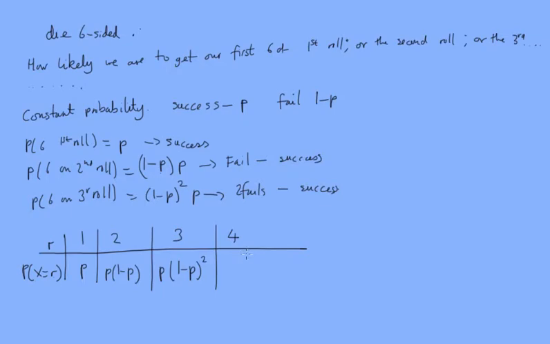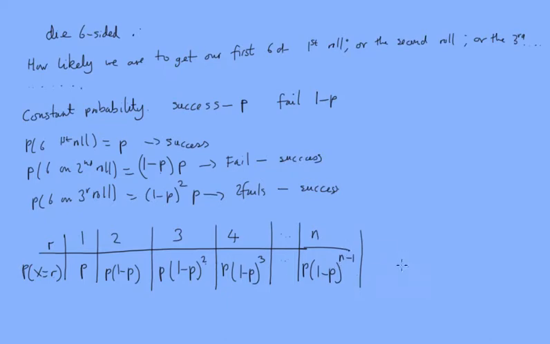If we did 4 rolls before we got our 6, we just add another 1 minus P, so it's cubed, and so on until we get to some number n. Looking here, at 3 we get a squared, at 4 we get a cubed, so our 1 minus P is to the power of n minus 1.